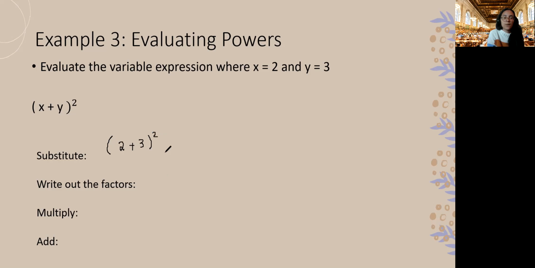Here I'm going to actually simplify this even more. 2 plus 3 is 5, so it's 5 squared. And now I can write out the factors. So it's going to be 5 times 5. We multiply, and this will be 25. Actually didn't need this step here. Okay, so this is our answer, 25.